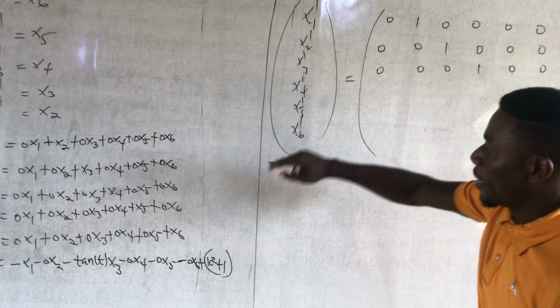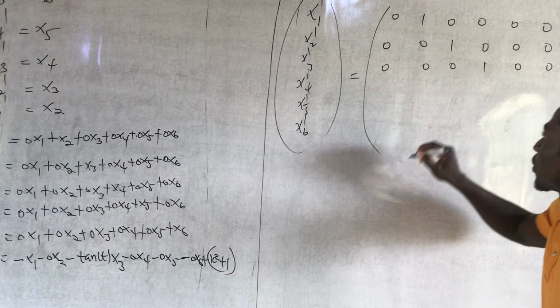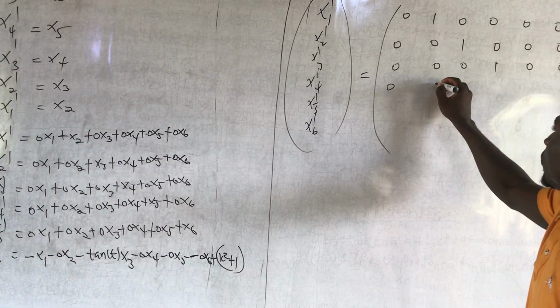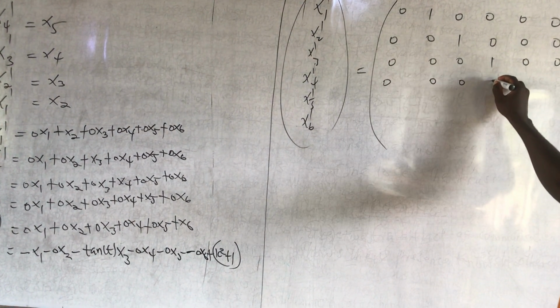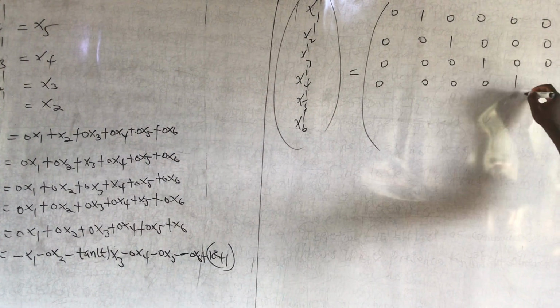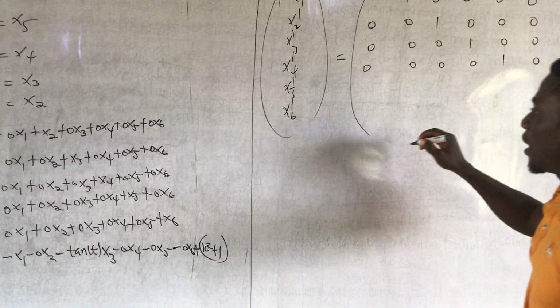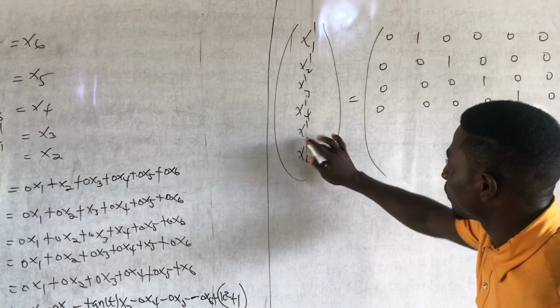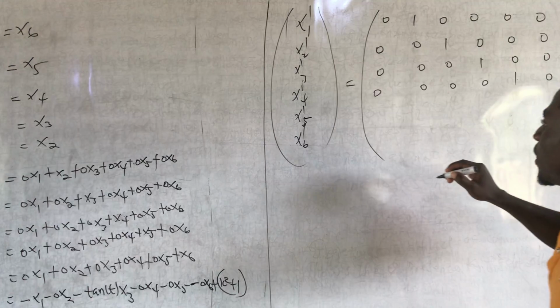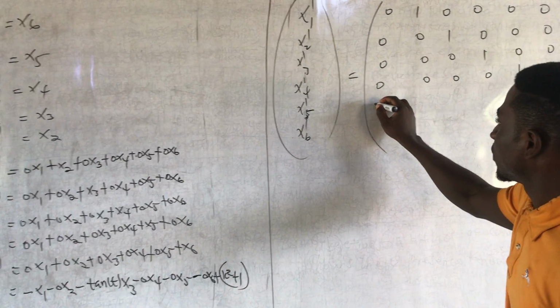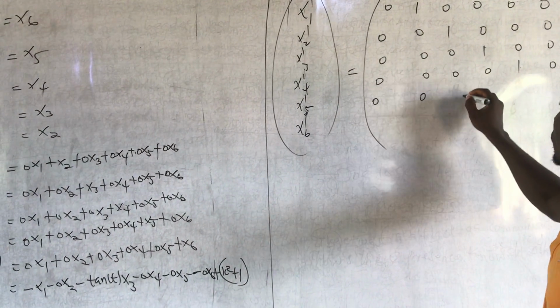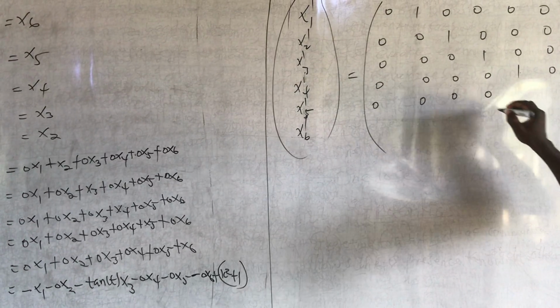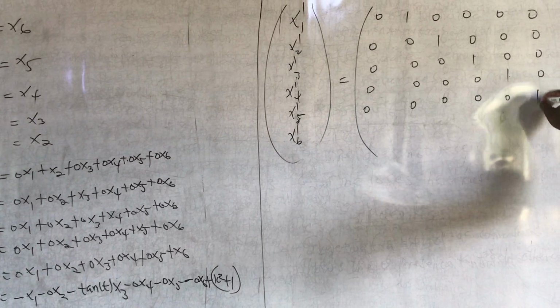Then the x4 prime is what you see here. It's also giving us 0, 0, 0, 0, 1, 0. Then our x5 prime is giving us 0, 0, 0, 0, 0, 1.